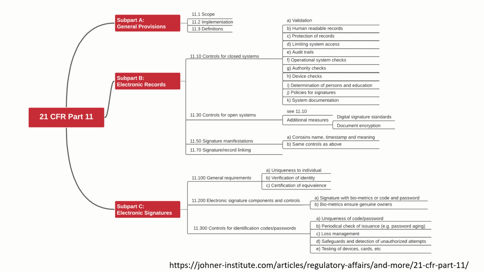So, what does that mean? Well, Part 11 has these three major provisions in it. And I don't want to take too much energy and time, but I want to give you enough to understand the bigger picture of what's happening here. There are all these different subsections inside these three provisions, and the important ones are Subpart B, which talks about your electronic records, and Subpart C, which talks about your electronic signatures.